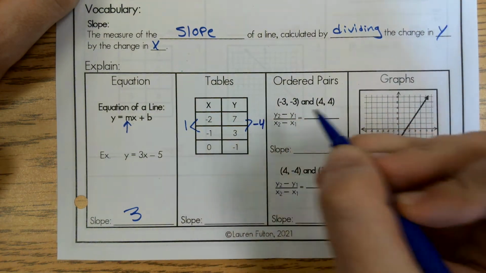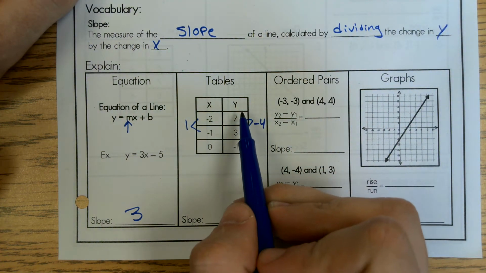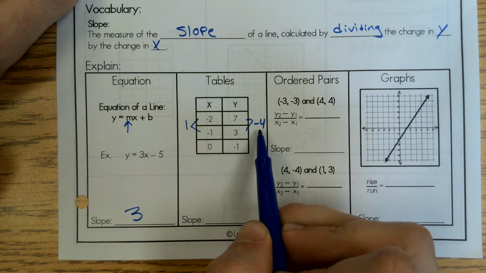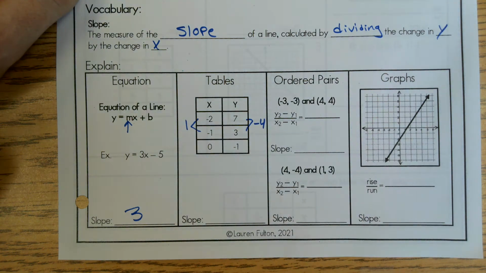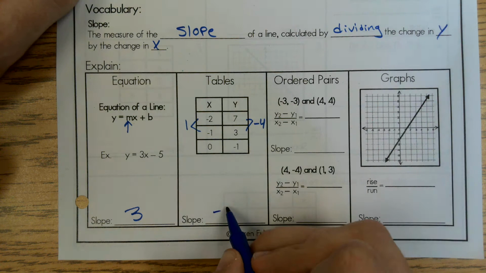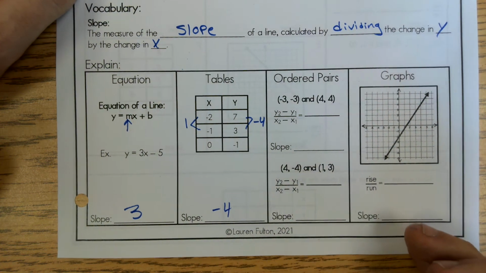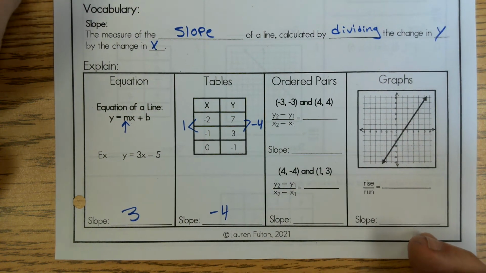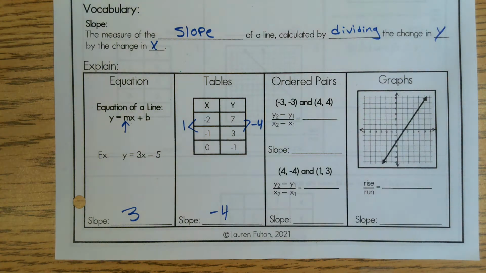Great. So our change in the y, -4, over change in our x gives us our slope. And if you guys remember, any number divided by 1 is just itself. So if you put -4 over 1, it's the same thing as saying -4.